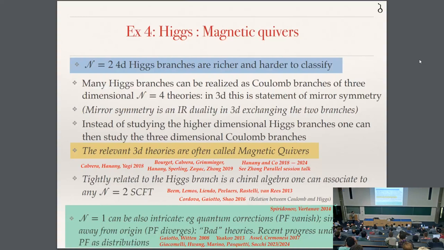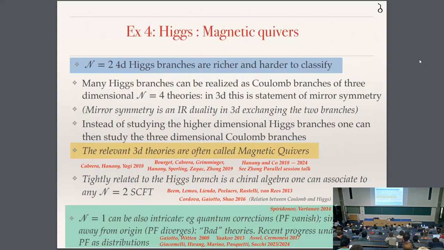So if you study a certain partition function of a 4D SQFT, which captures information about the Higgs branch, you can reproduce it by studying physics on the Coulomb branch. And it's related to wall crossing formula. So this is an interesting open problem.